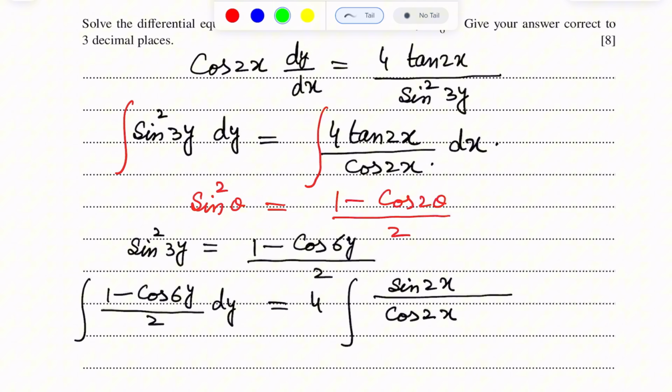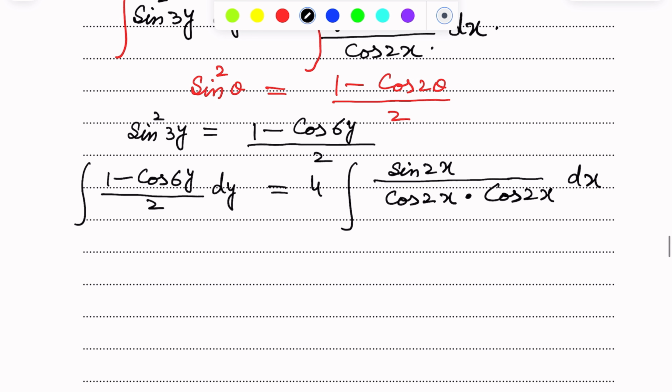We will write here cos 2x with respect to x. Now we will integrate it.